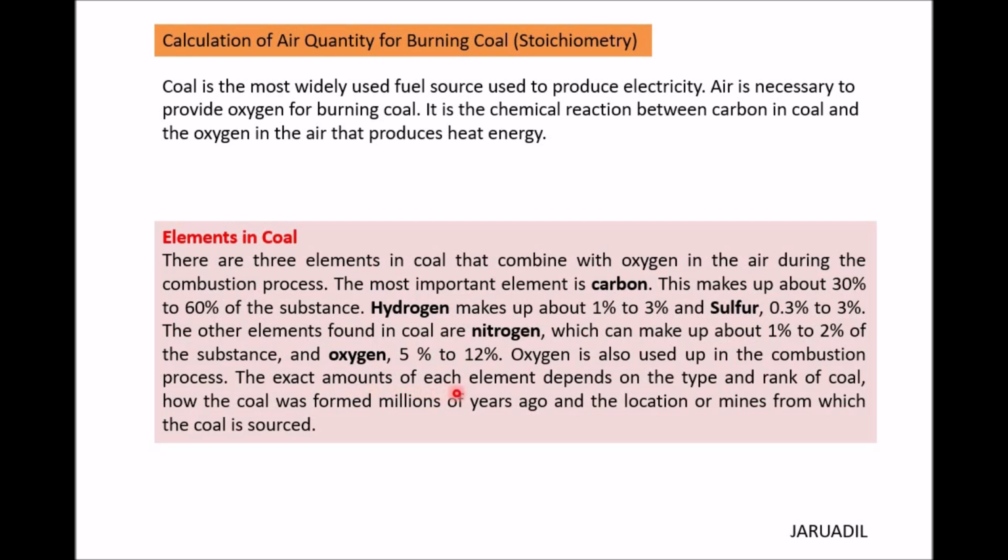The exact amounts of its elements depend on the type or rank of coal, how the coal was formed million years ago, and the location of mines from which the coal is sourced. So, sabi ko nga doon sa isang video, we have studied this one. Ang element sa coal ay depende kung saan siya nakuha at kung kailan siya na-form.